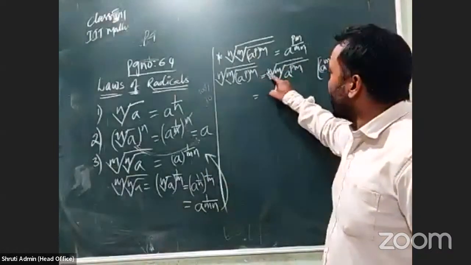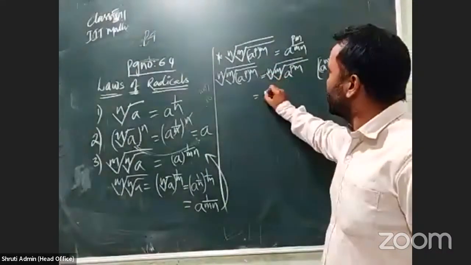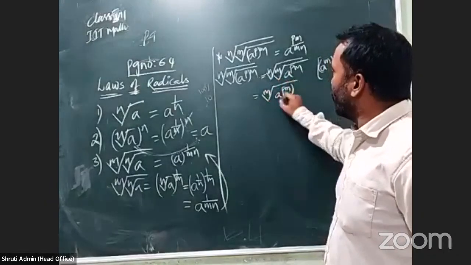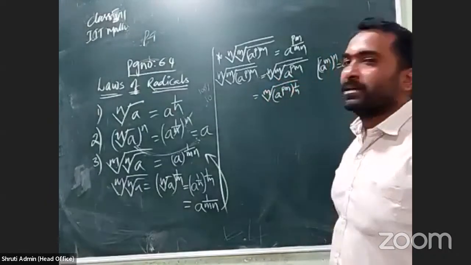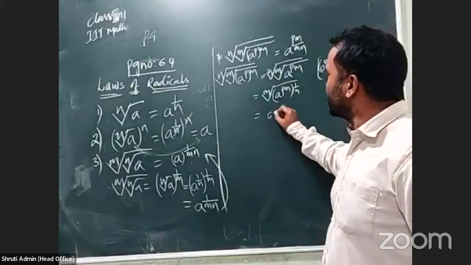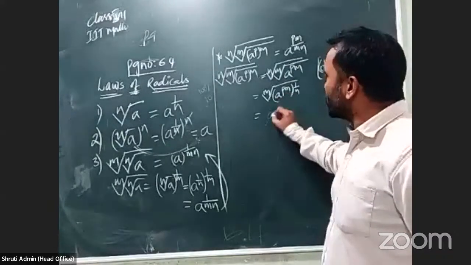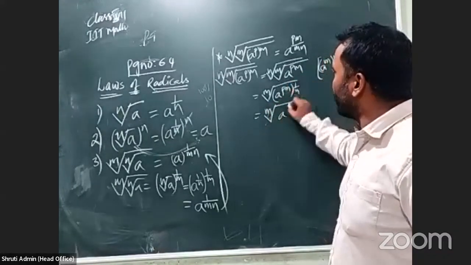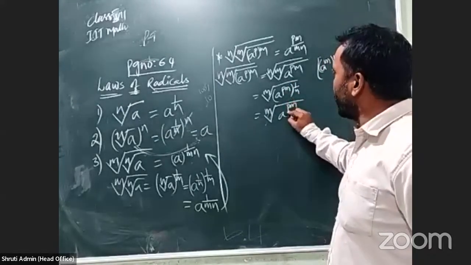Now we know if I remove nth root, what happens? mth root of a power pm whole to the power of 1 by n I can write. Again, if I remove this mth root, what happens? Suppose if I continue the process, mth root of a power pm by n.